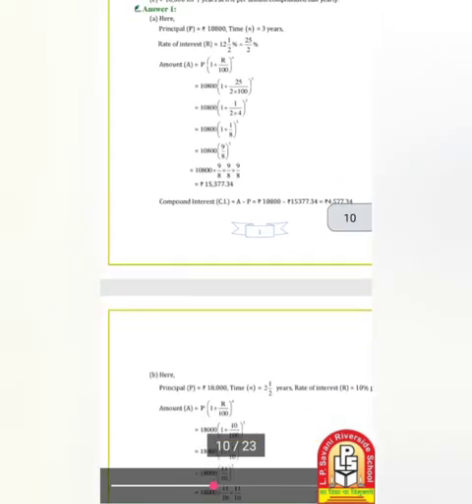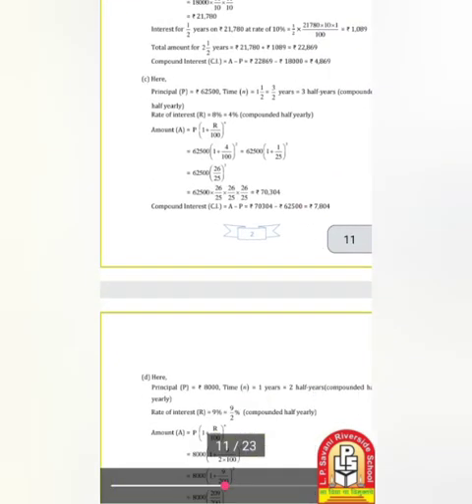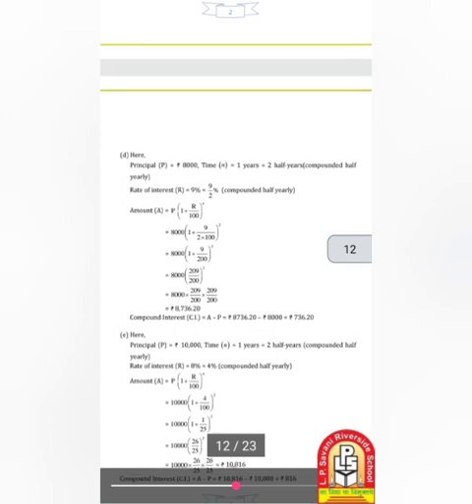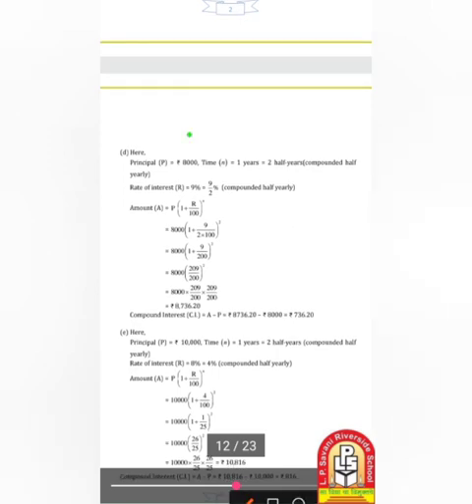So here we have to do 2 examples. For the first example, the principal is 8,000, n is equal to 1 year, and 1 year has 2 half years. The rate of interest is 9%, compounded half yearly, so 9 by 2 is the half yearly interest.